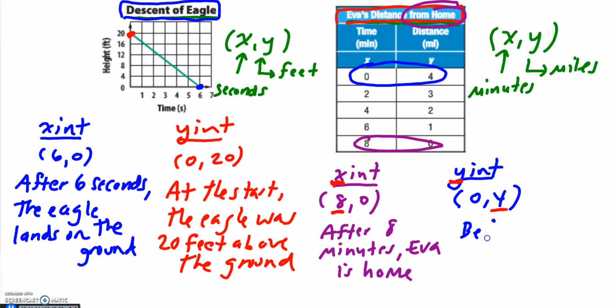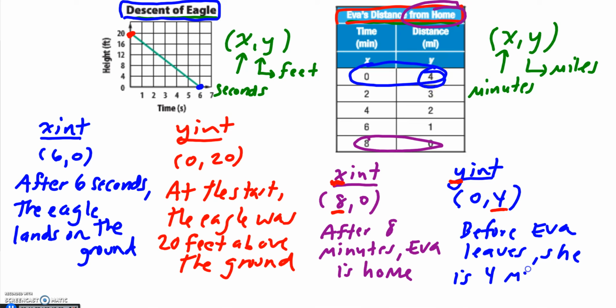So before Ava leaves, she is, looks like 0 comma 4, so she is 4 miles away from home. But again, you could say at the start, Ava is 4 miles away from home. That would also be acceptable.